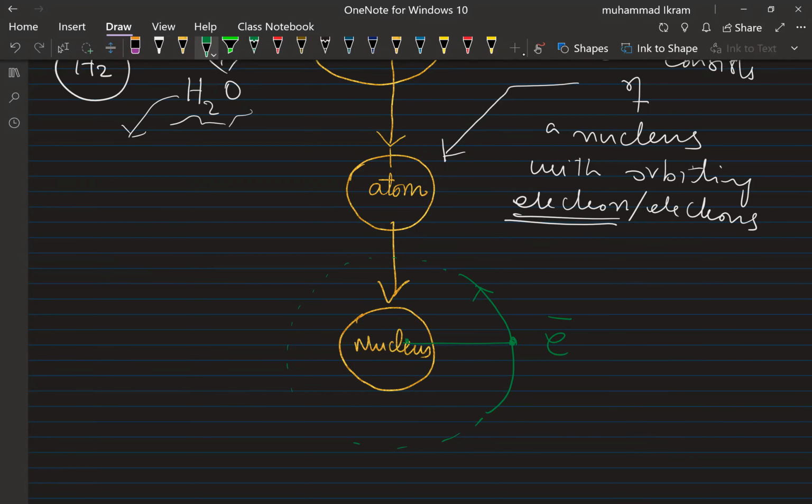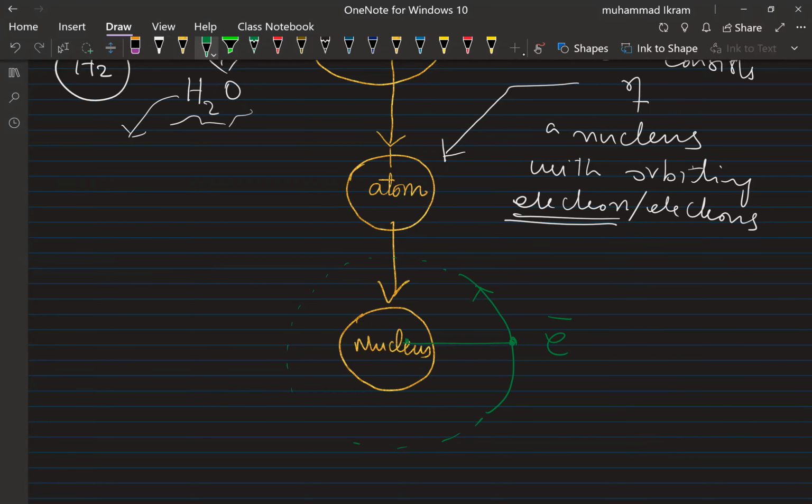The first one is that the matter is made up of particles called molecules. Matter is made up of the molecules. And now I don't want to discuss this because I already told you that molecules are in fact groups of atoms which may or may not be similar.